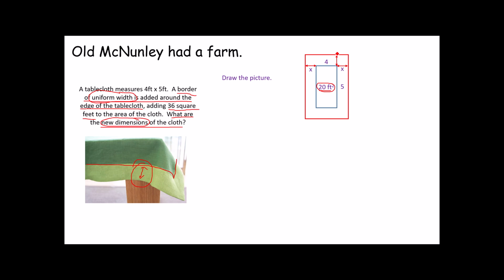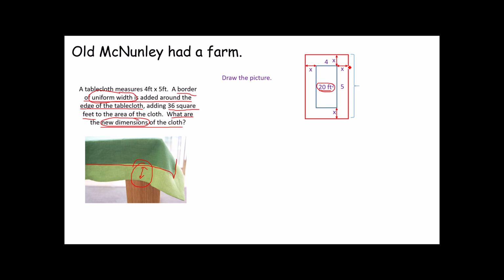That also needs to be X. And down here at the bottom, if it's uniform width, that also is X. In fact, no matter where I draw a line from the original tablecloth to the edge of the new tablecloth, it should be X.